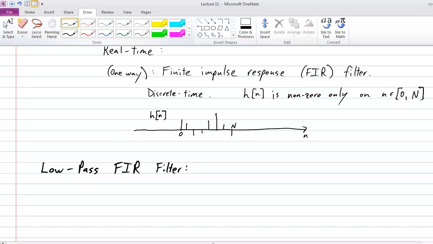This will be a major topic of next week's lectures in sampling. But since we're in discrete time, let's at least verify that the discrete time ideal FIR filter, what would that be? So, sorry, the discrete time ideal low-pass filter. Forget FIR. Let me put that in another color here.